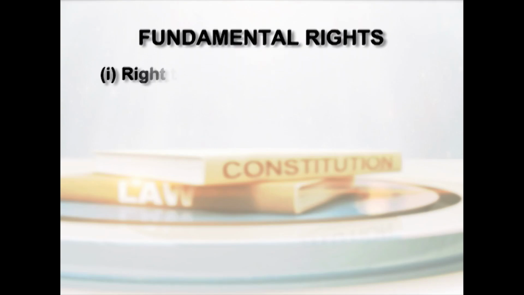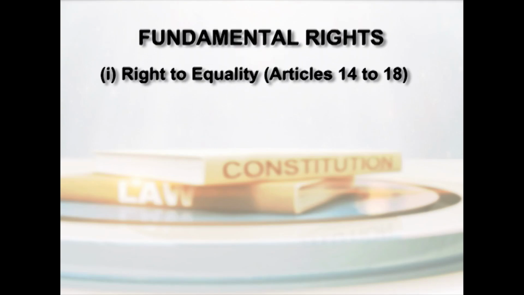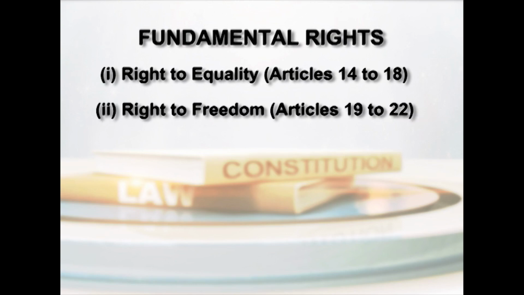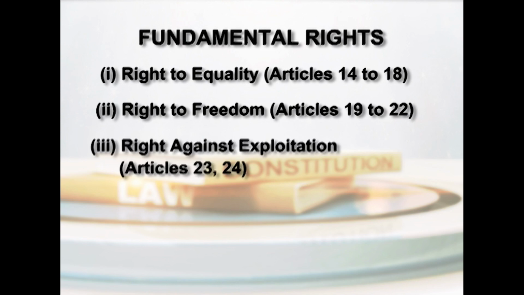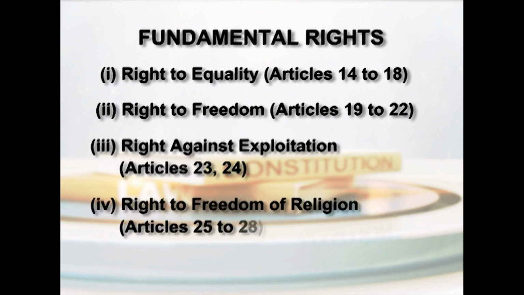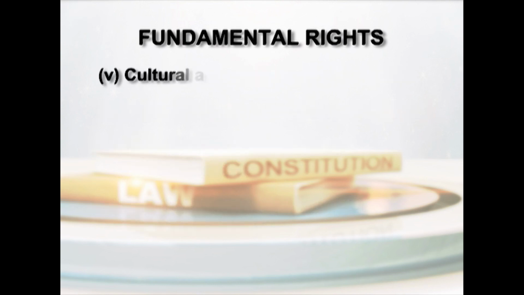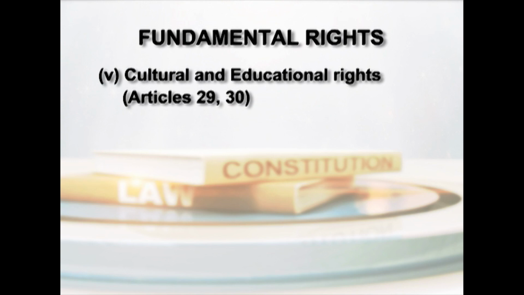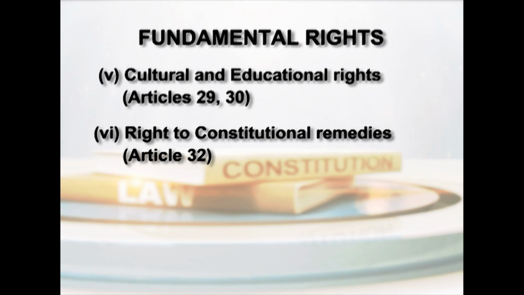These are right to equality, Article 14 to 18, right to freedom, Article 19 to 22, right against exploitation, Article 23-24, right to freedom of religion, Article 25 to 28, cultural and educational rights 29-30, and right to constitutional remedies, Article 32.